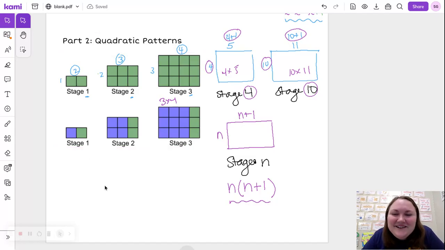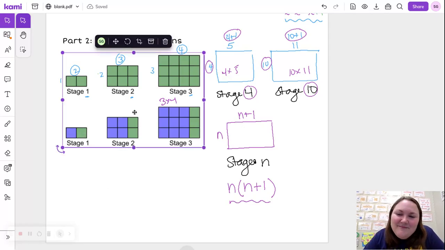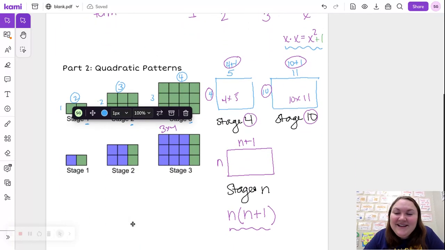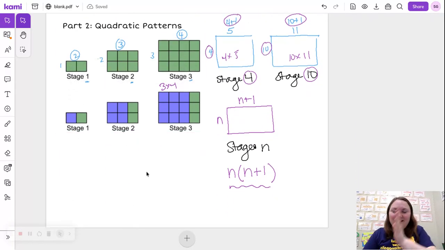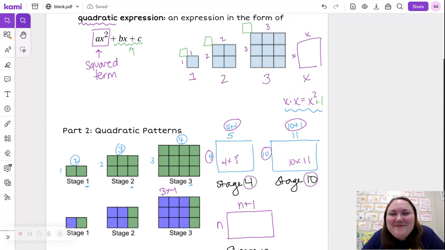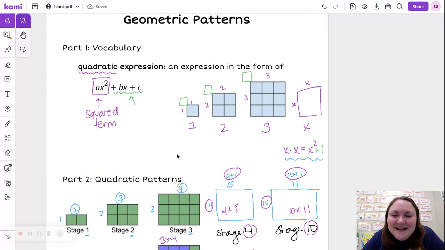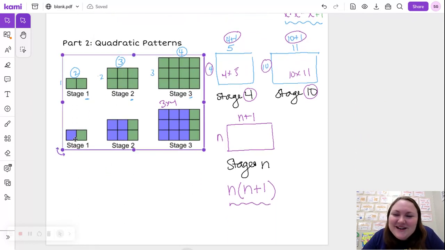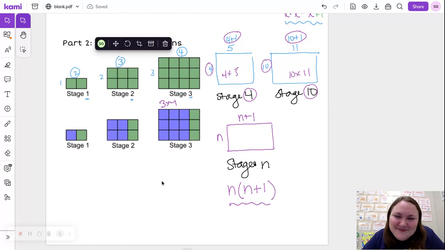If you focus in on that blue part, we do have a square that's getting bigger and bigger and bigger. That extra amount is, instead of one extra square, here it's one extra row, which is making it a rectangle. This is what I meant by those extra terms being a little more challenging to see. But this is still a quadratic because we have that square getting bigger and bigger.